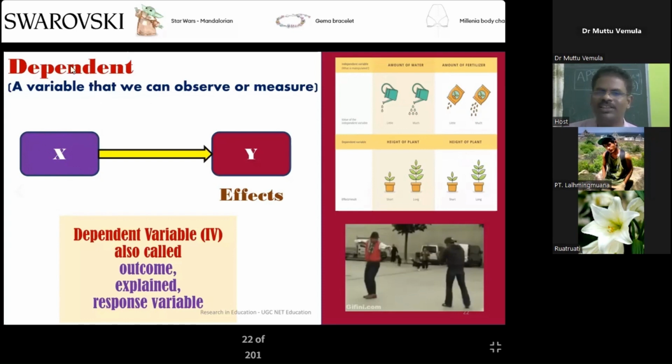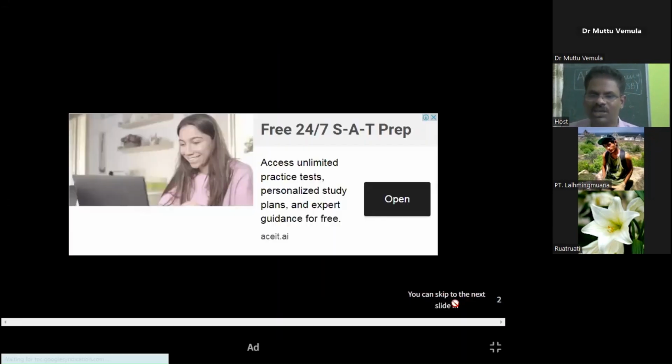These all are there, but in our research, we are not studying that. We are studying only the relationship between independent and dependent variable. But there are certain other variables which also tend to influence the research results, which are known as intervening variables.